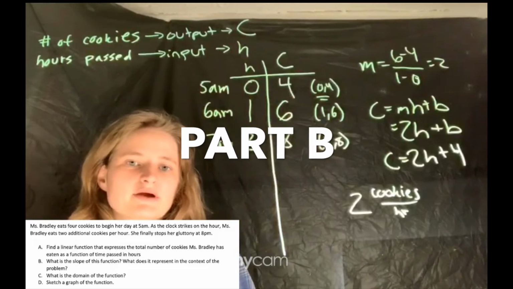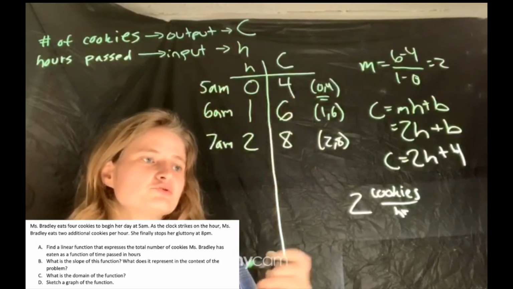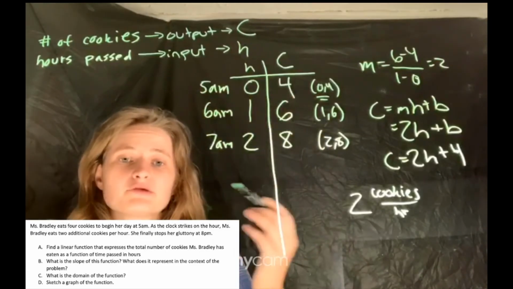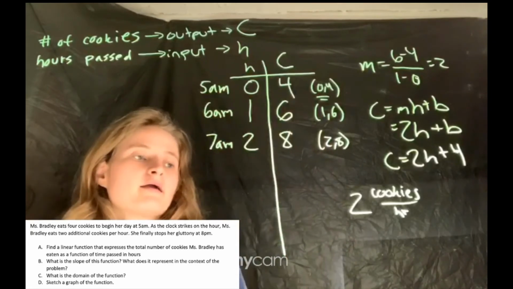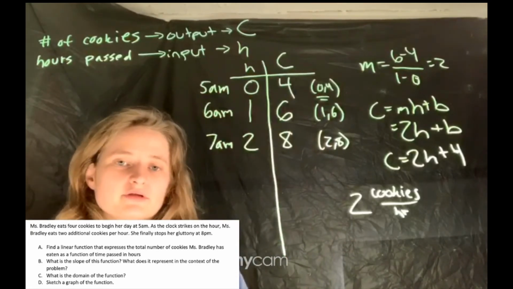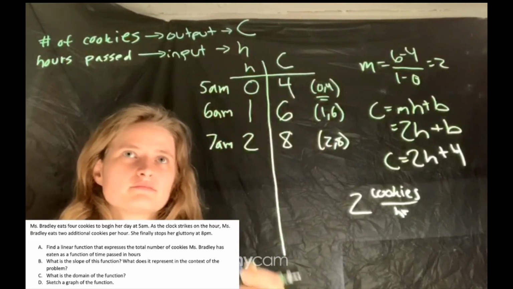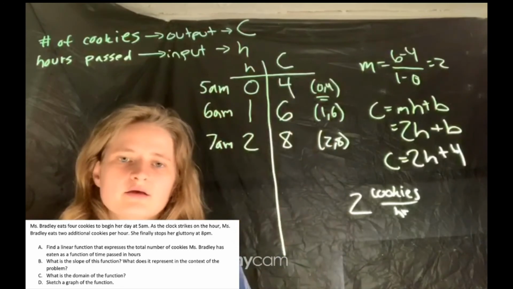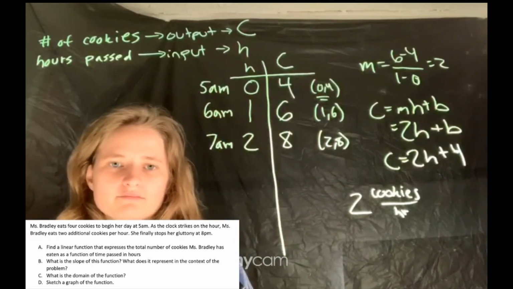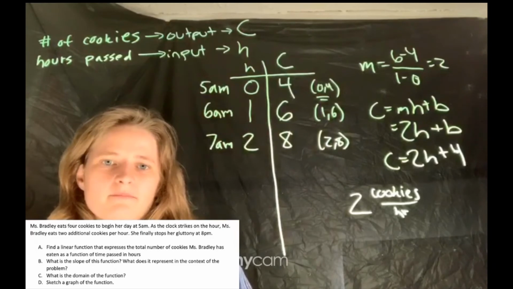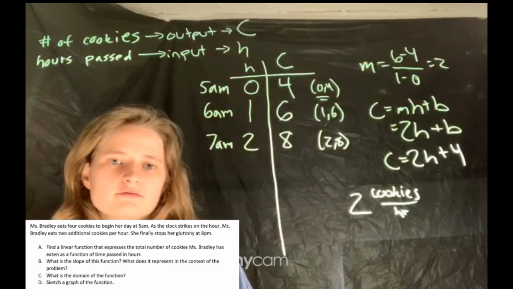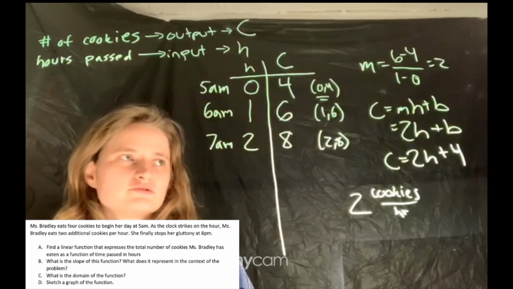So B, we kind of just answered. Slope is 2, and that represents how many cookies per hour I am eating. So slope is often a rate, like how many x's are you doing per y. So whatever concrete things you're dealing with in that problem, it'll be a comparison of those 2 things.